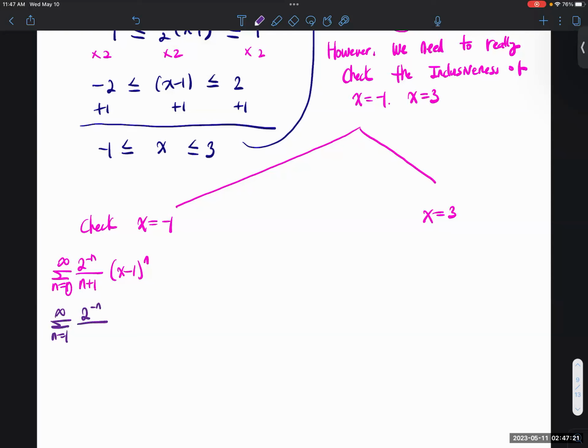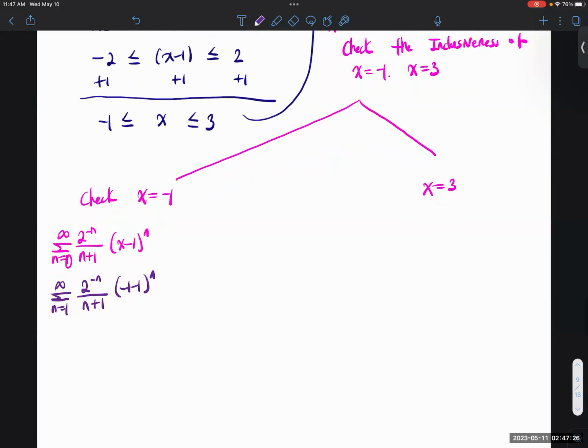So this is going to be 2 to the negative n over n plus 1, times -2 to the n, right? And I know this part, -2 to the n, you can rewrite it as -1 to the n times 2 to the n.